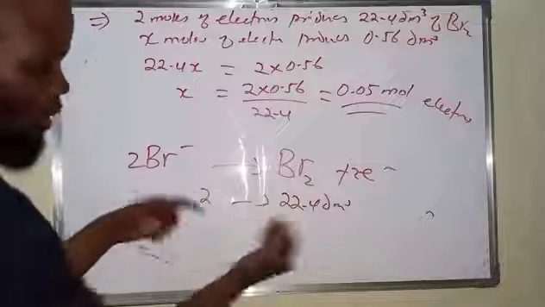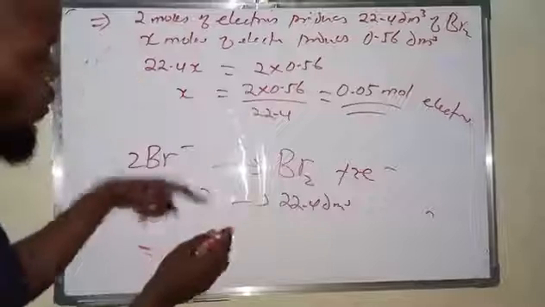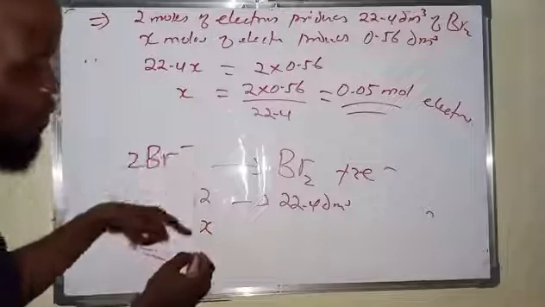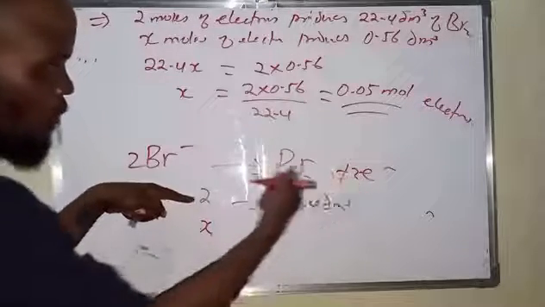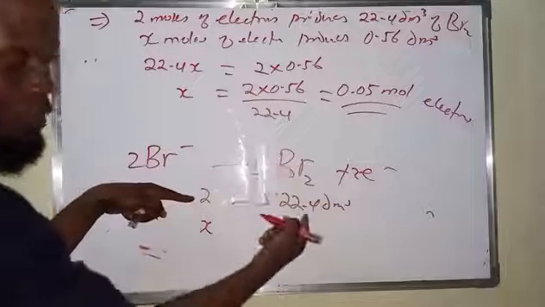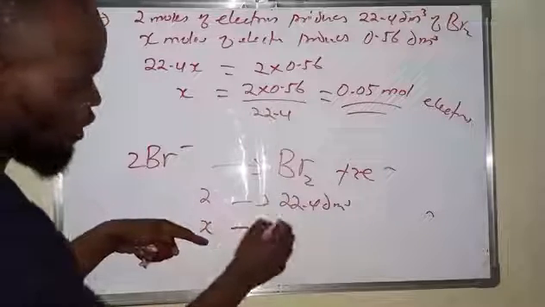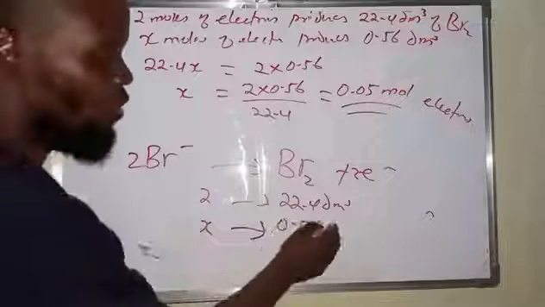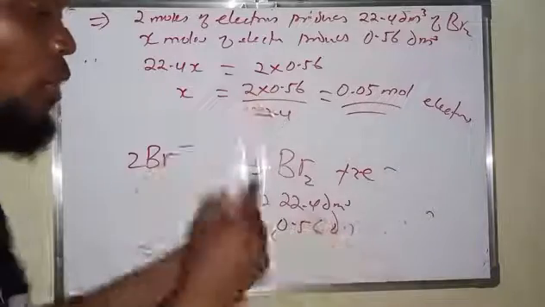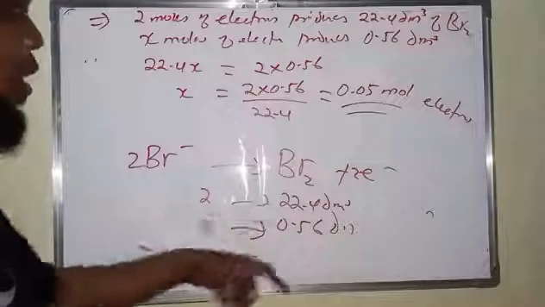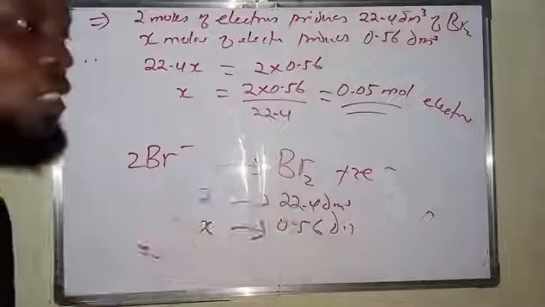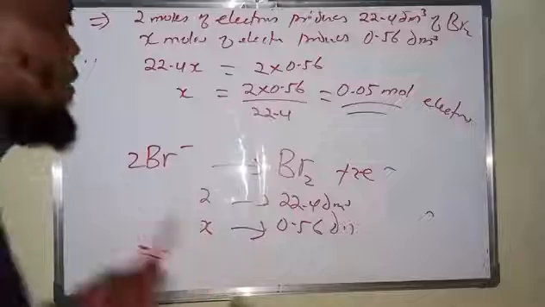So this is our basis. Then we want to know how many moles of electrons will be required to give the volume in the question. So do cross multiplication: this multiplied by this equals this multiplied by this. Then divide and get the answer. It's as simple as that.